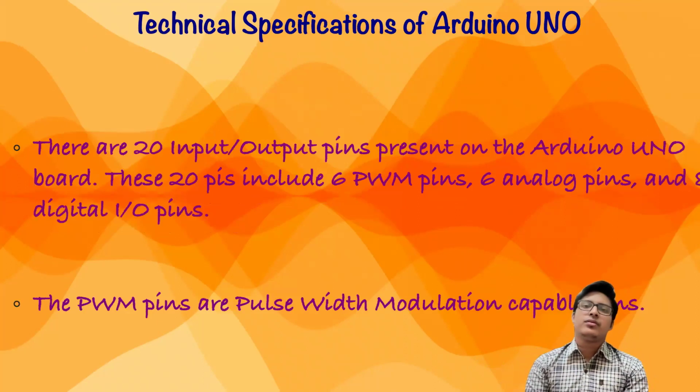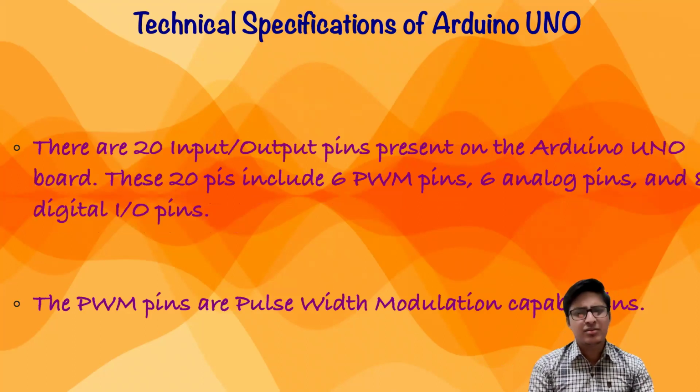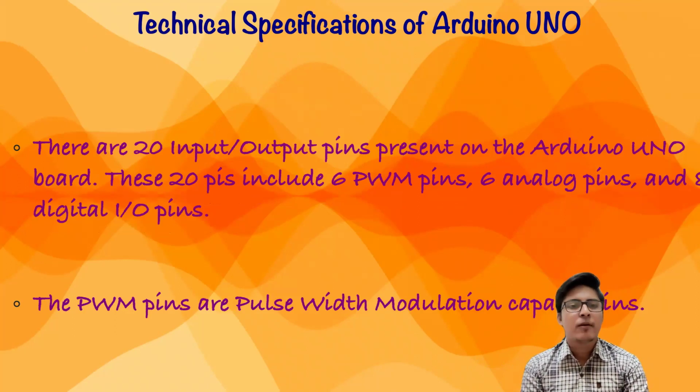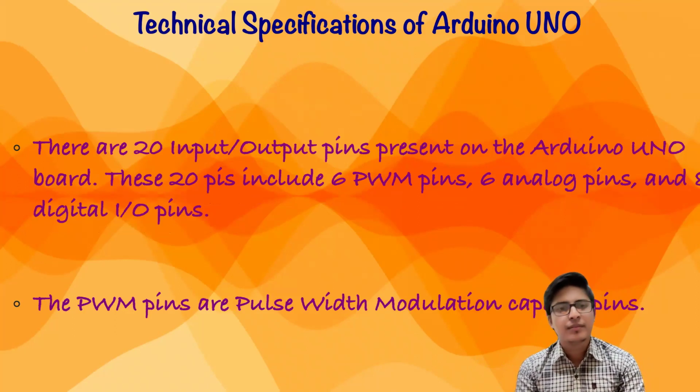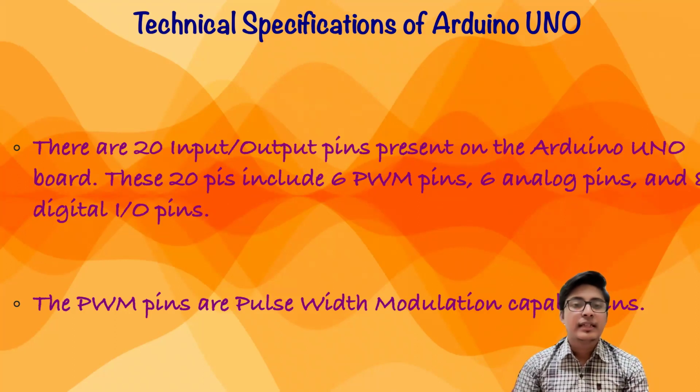Technical specifications of Arduino. Now we are done with some of the pins. We'll again see some important pins in our next slides, and then we'll be completing the hardware. There are 20 input or output pins present on the Arduino. These 20 pins include 6 PWM pins.